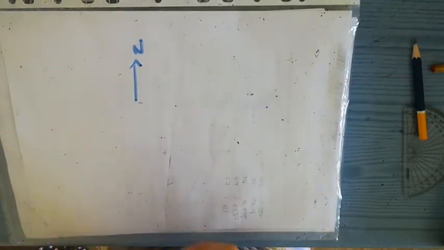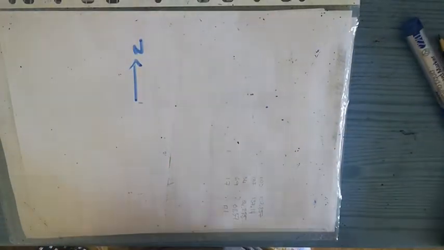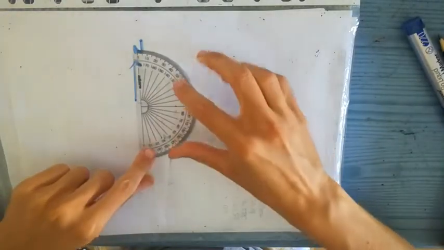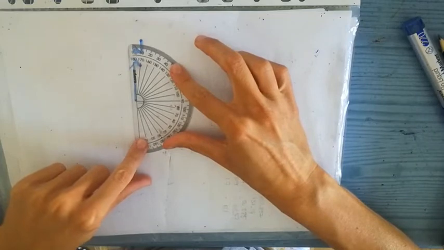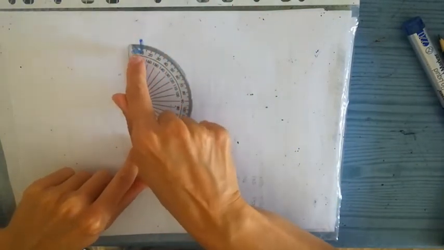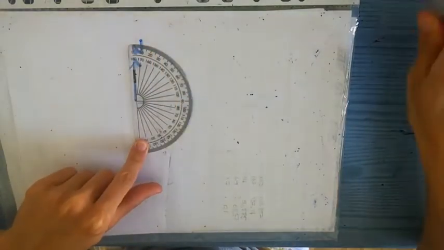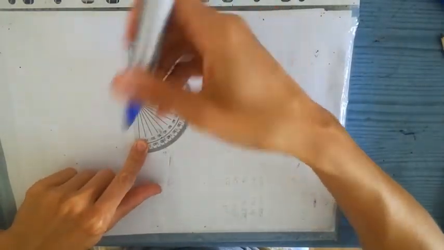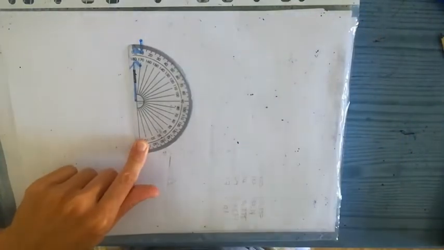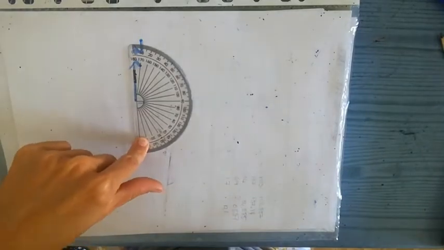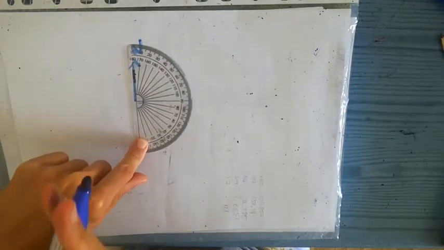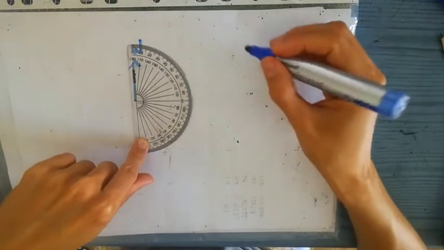So if I have my north and I need to draw the angle, I place my protractor on the north and I have to move clockwise. So my arrow is pointing to this 0. So I go round. Let's say I need to draw the bearing, not even the angle, the bearing, because the bearing tells us there is a direction. The direction is always from the north, and you always have to move in the clockwise direction.